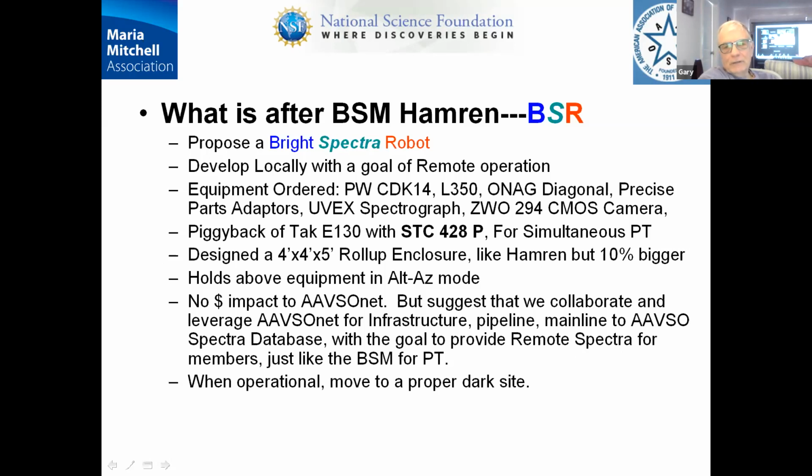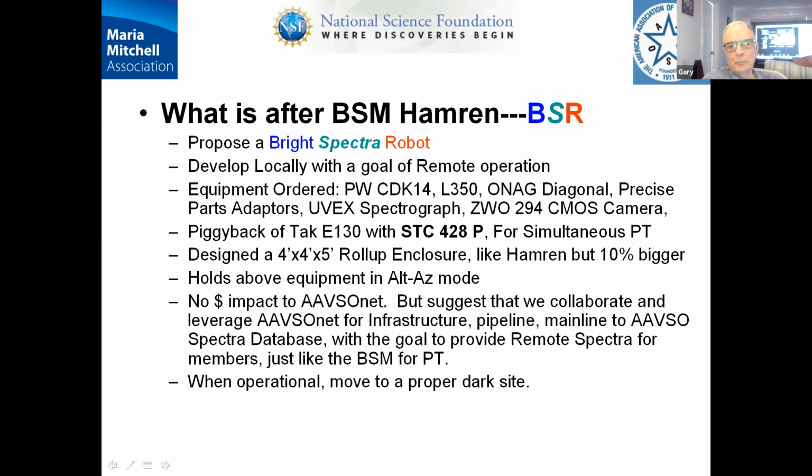I also have a telescope, it was kind of my first telescope. It was an Epsilon 130, and it's been sitting on the shelf here. I decided to put it to use. The L350 PlaneWave mount is a single arm fork, and so it allows you to put one instrument on one side and one instrument on the other.